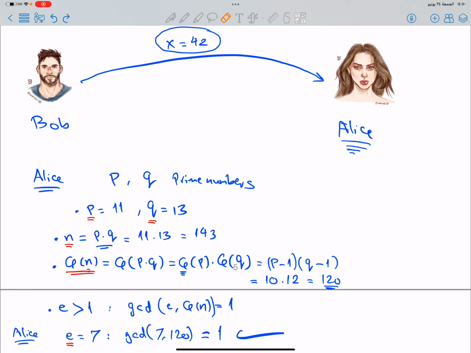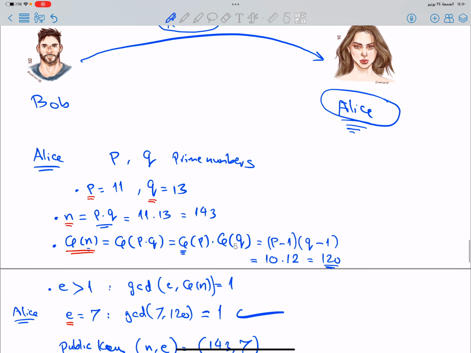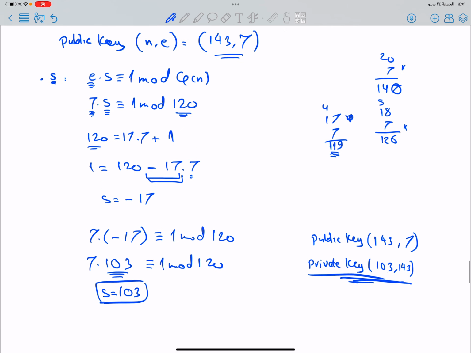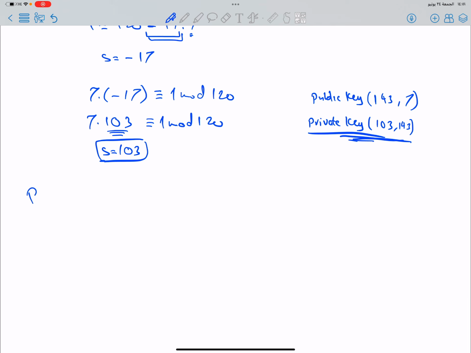Alice made all the preparation to get this message from Bob. Now what should Bob do? Now Bob can encrypt the message. The message is 42.